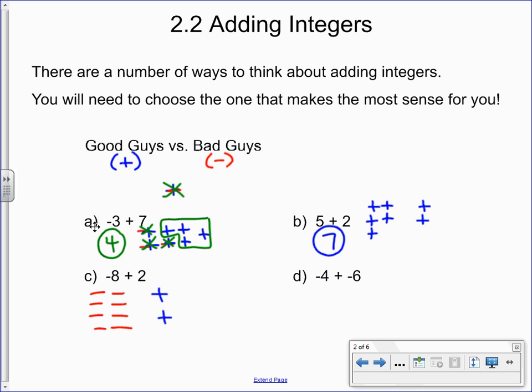So this bad guy takes out that good guy, and this bad guy takes out that good guy. So they end up knocking each other out. In this case, we're left with 1, 2, 3, 4, 5, 6 bad guys, or 6 negatives, so our answer to this problem is a negative 6.